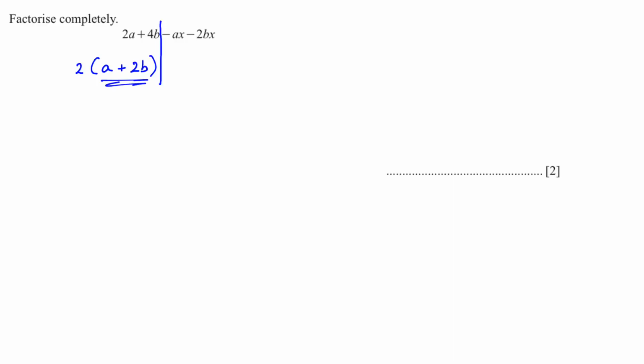You need to write the same thing here, a plus 2b. So if I'm writing a plus 2b, what is common here? Negative x. After that, these two brackets, we will write as one bracket, a plus 2b. Whatever is out, we'll combine it and form a bracket. So this is the factorization completed.